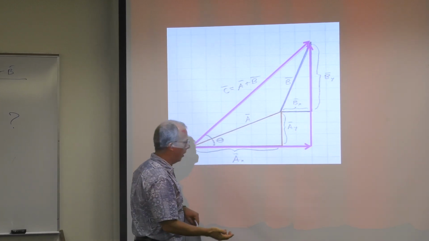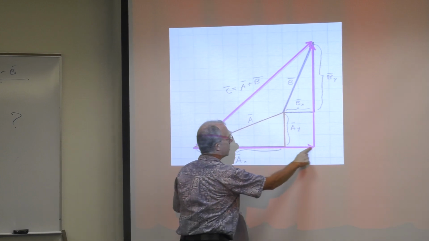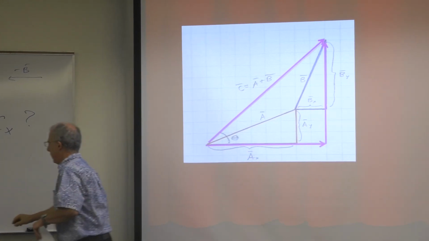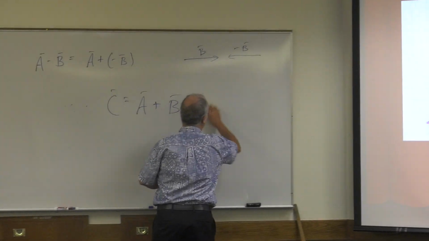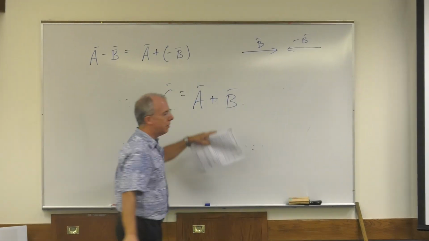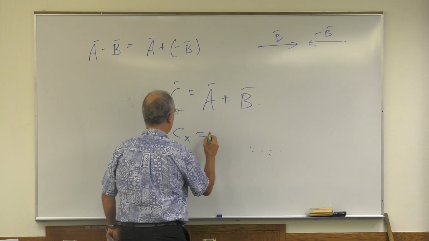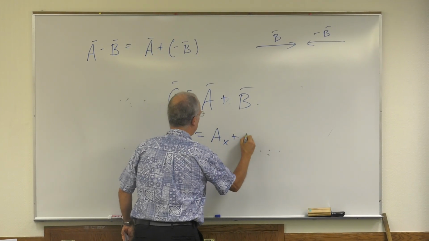So it's pretty obvious that Cx is just Ax plus Bx. Kind of makes sense, right? If C is A plus B, then it stands to reason that Cx equals Ax plus Bx.